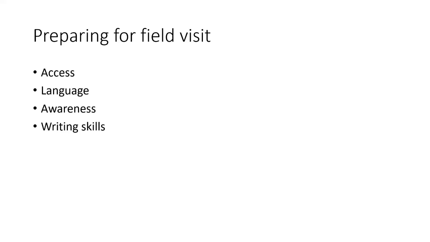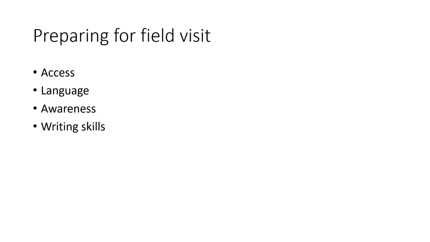The next one is awareness. Before going to the research field, one needs to be aware about the possible dangers, safety details, the expectations of the people, and various other factors which can affect your research journey, which has to be checked prior to going to the field.